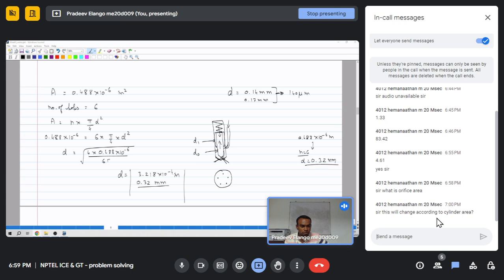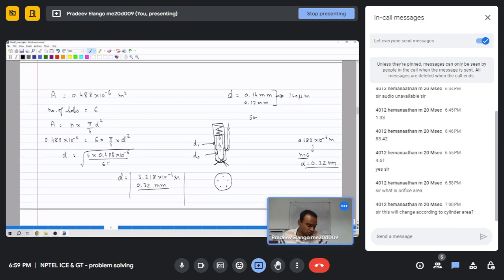This will change according to cylinder area. It will not change only according to area, but based on the cylinder capacity, say if we have a 500 cc engine, or say 500 cc per cylinder, because we have an injector for every cylinder, we need to talk about the air quantity and fuel quantity per cylinder.